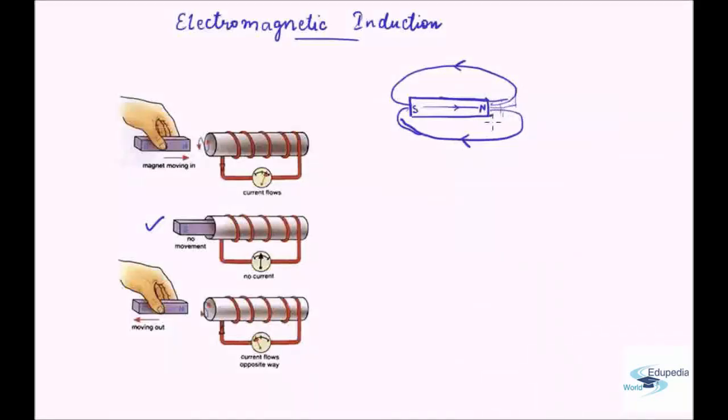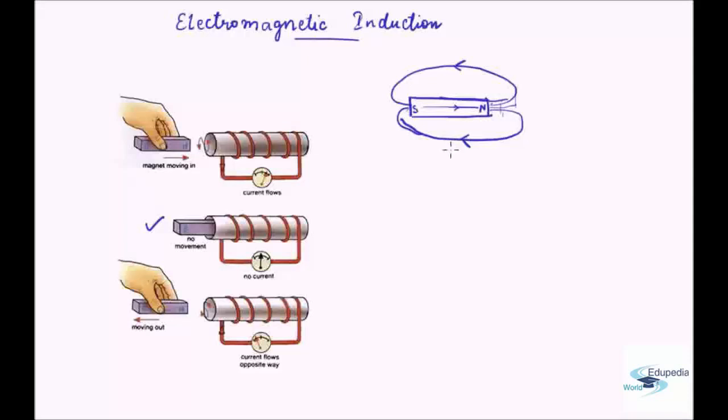The theory he gave was that if the number of magnetic field lines passing through the coil is changing, then that results in electric current being developed. Basically, if the number of magnetic field lines is changing, that leads to current formation.